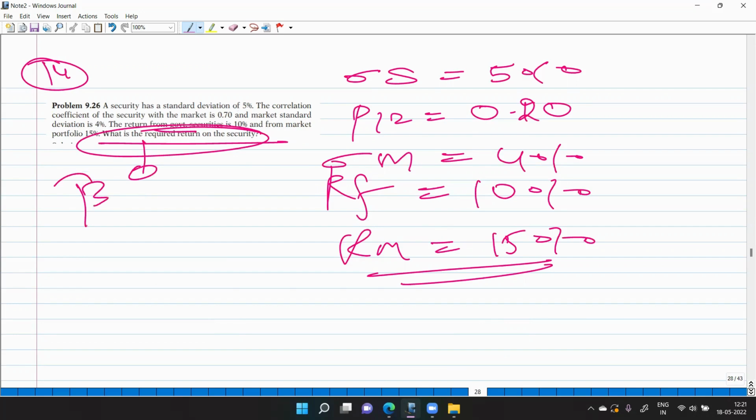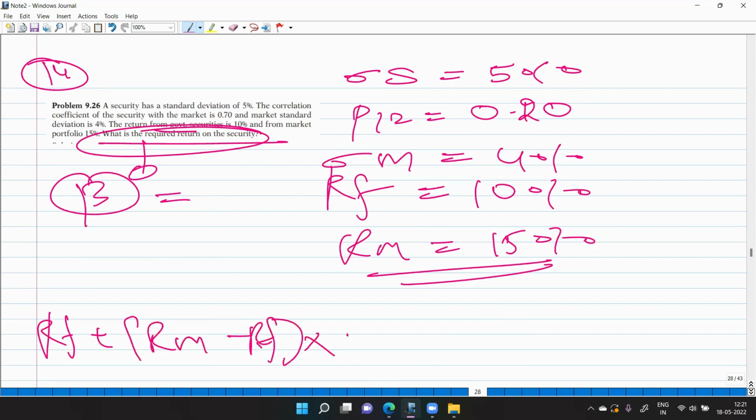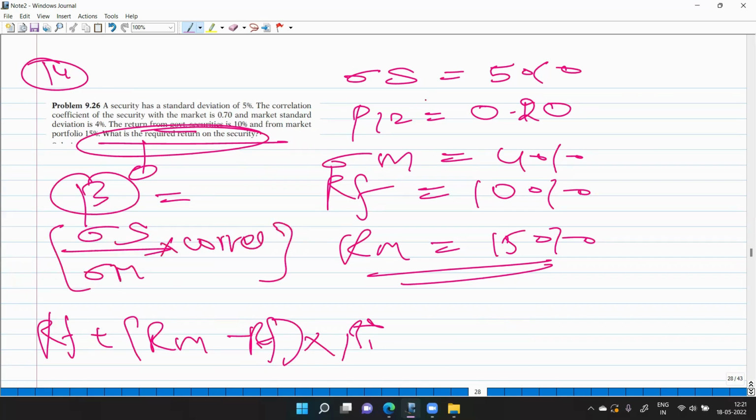How will you do that? Beta. ठीक है, आप ये वाला formula लगाएंगे. ओके, बीटा का formula क्या होता है? I hope every information is available to us, ठीक है, and we can just simply find out beta. बीटा को यहाँ पुट करेंगे and we will find out the return.